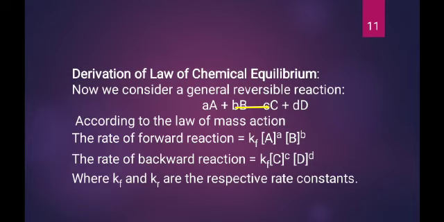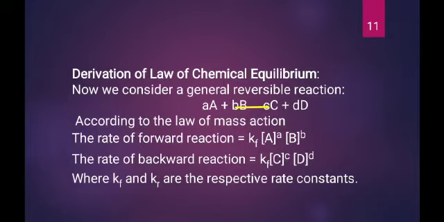Derivation of chemical equilibrium. Now consider a general reversible reaction: a moles of A react with b moles of B to give c moles of C and d moles of D. According to the law of mass action, the rate of forward reaction is equal to Kf, the rate constant of forward reaction, times [A] raised to a times [B] raised to b.